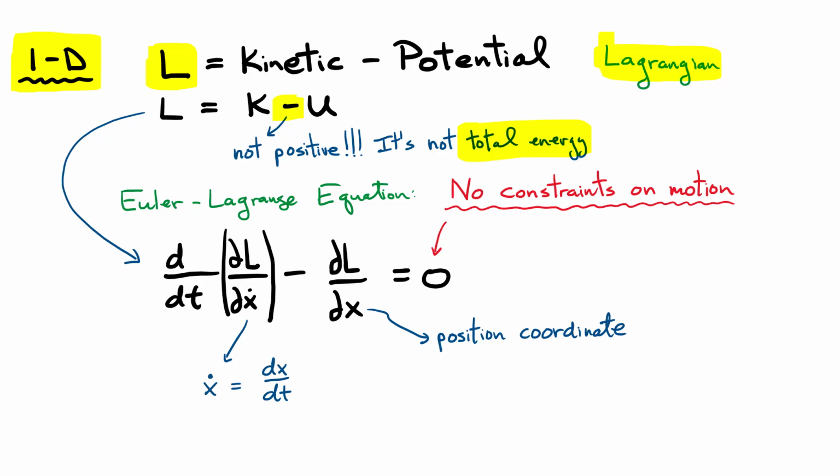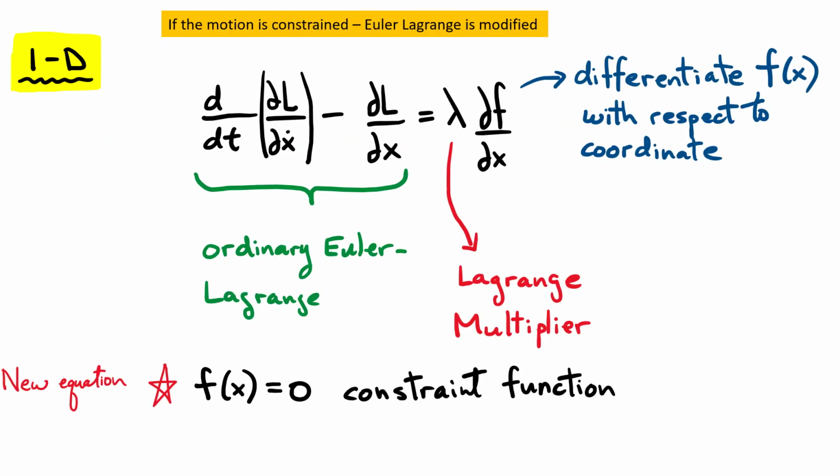Now, what happens when the motion is constrained? What you end up doing is using a slightly modified version of this Euler-Lagrange equation. You see here the left-hand side looks exactly like the case I just showed you, so that hasn't changed. All we do now is define a function that describes the constraint of the motion. I'm going to show you what that function is for our case of a block on a slope in a minute. But whatever that function is, you set it equal to 0, okay?